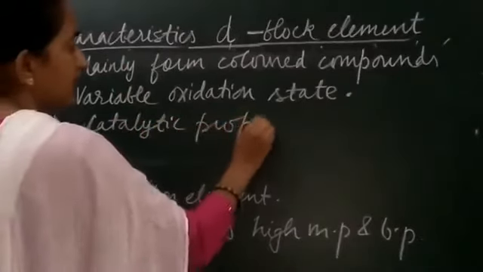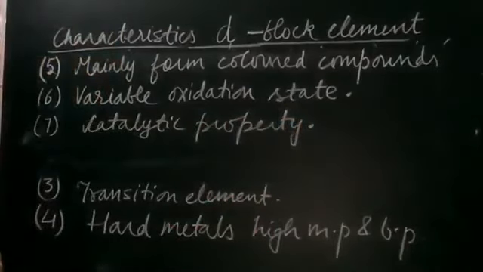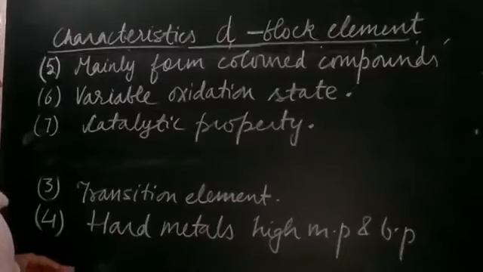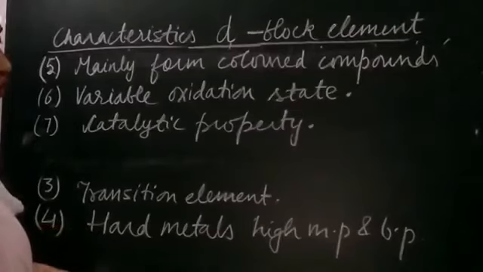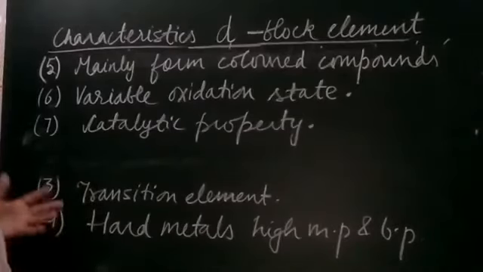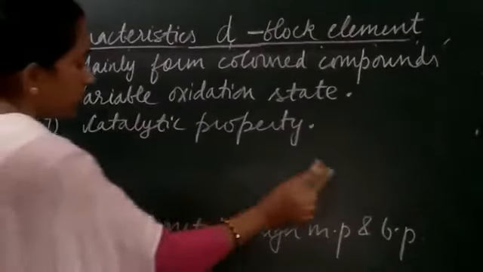That means they act as catalysts. You have heard about nickel, which is used as a catalyst in the hydrogenation of oil. Secondly, we use iron as a catalyst in ammonia formation. Many other catalysts are also there from this block.